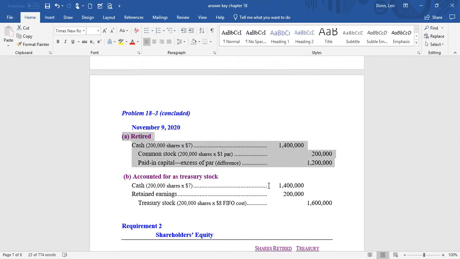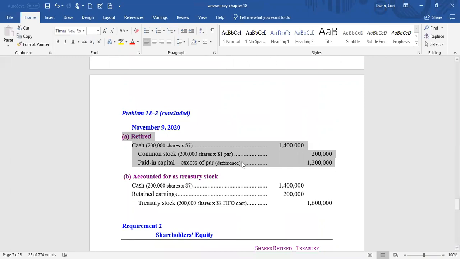And it's the same understanding as we did in problem 18.1. When you buy the shares out of the market and immediately retire them, you're removing any cash and value related to them from your books. So when you resell them, it's like you're selling them for the first time.